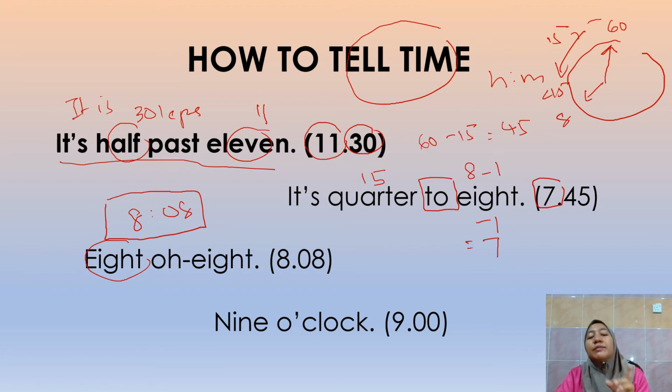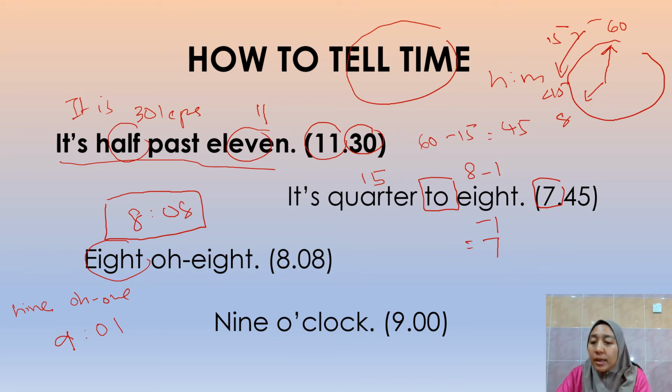Kalau katalah dia berbentuk macam ni, 9, okay, colon 01. So dia akan jadi 9:01. Maksud dia 9 1 minit. Okay, kena ingat lah. O ni means dia 9 1 minit, maknanya ada kosong kat depan. Kita tak sebut 1 kita sebut O. 9:01. Okay, so this is the next structure.